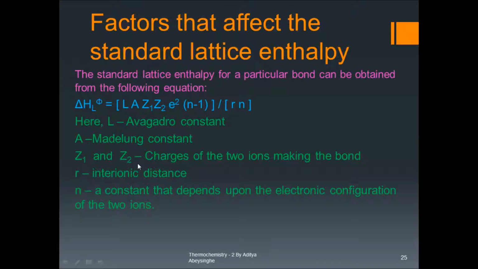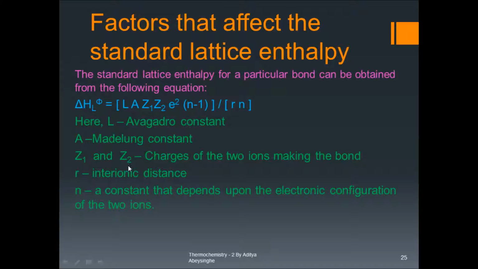Z1 and Z2 are the charges of the two ions making the bond. For example, if you take sodium and chlorine, Z1 is the charge in coulombs of sodium. Sodium is a uni-positive ion, so its charge will be 1.602 times 10 to the power minus 19 coulombs.